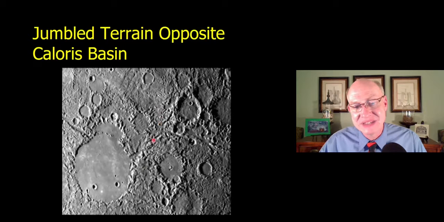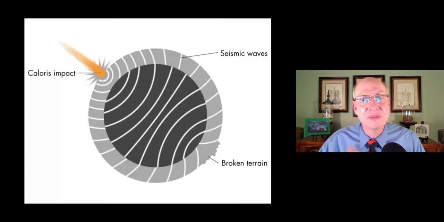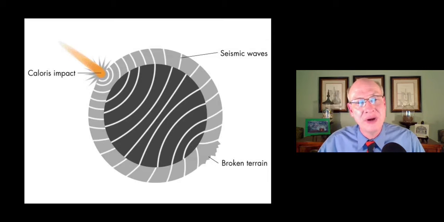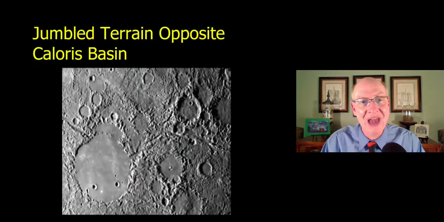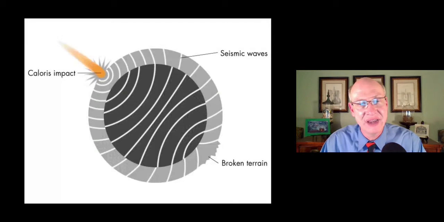One of the ideas as to where this jumbled terrain came from is that it came from seismic waves. When the Caloris impact happened and made the Caloris Basin on Mercury, as those seismic waves traveled through the planet, they were focused on the opposite side of the planet and pushed up all this chaotic terrain, as it's sometimes called, or jumbled terrain on the far side of Mercury.